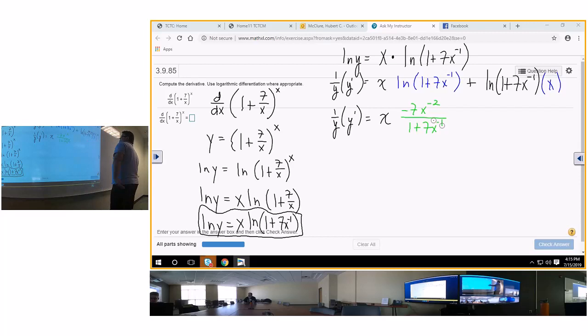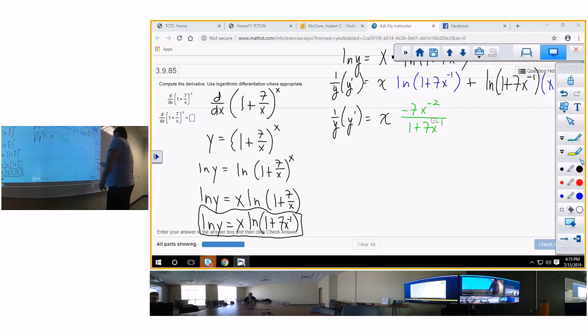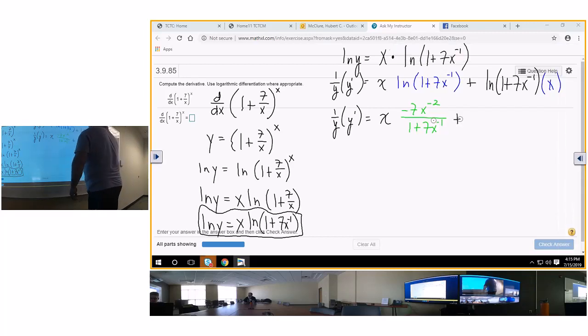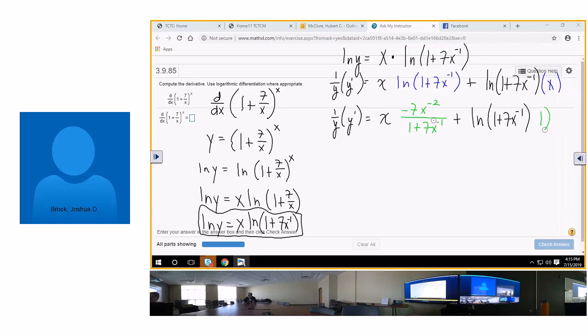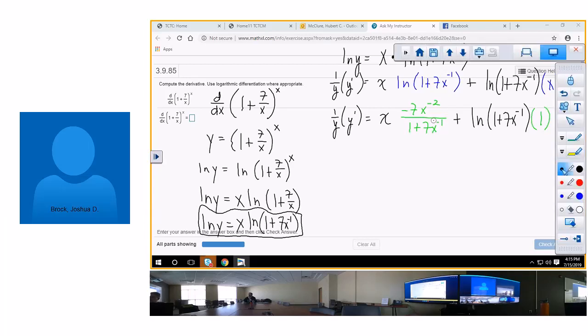Yes, Hubert. That step right there where you go from ln y to 1 over y, it's y derivative. Between those two steps, I'm always confused about the plus, the second part of that.